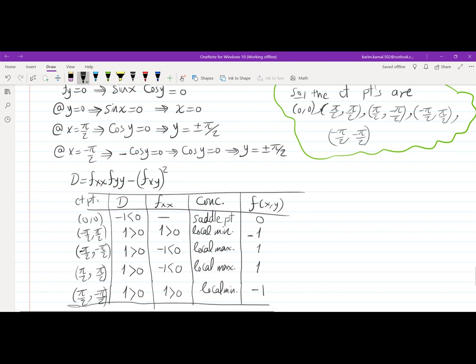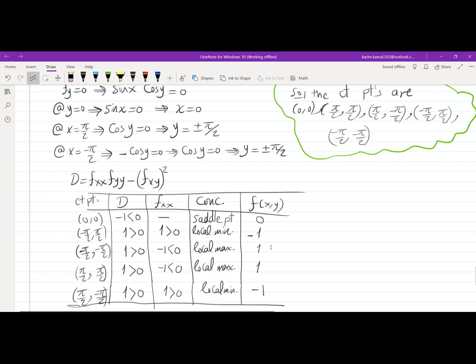Now we got the whole table of our problem, to get the conclusion about each critical point we got in the previous steps and the value of the function at each point. And that's all.